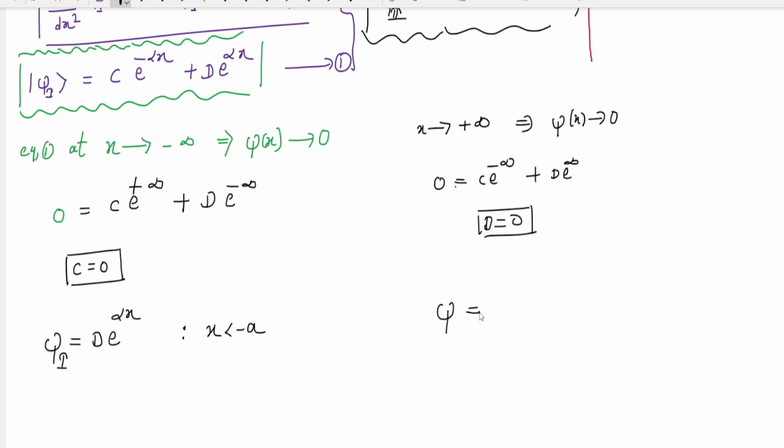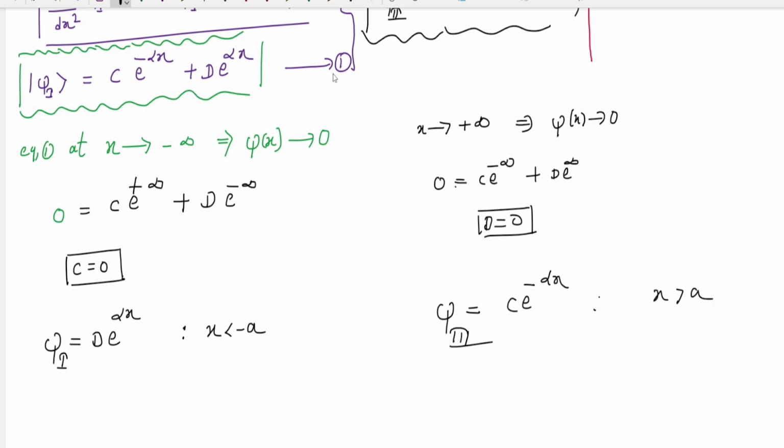Wave function psi, d is equal to 0, then c e power minus alpha x. In case you observe clearly here, I applied two boundary conditions. One is x is equal to minus a, x is equal to plus a. Here I'm using tends to infinity value. So this is region 3 solution at x greater than a case.